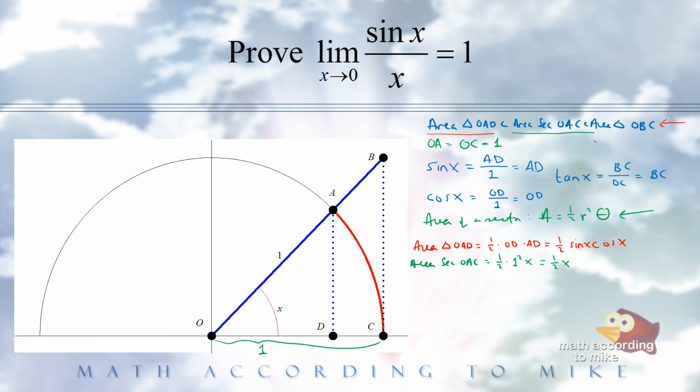And our last one, area of the triangle OBC. Since this is a triangle, it's 1/2 base times height. OBC has a base of OC and a height of BC. OC is 1. BC is tangent of x. So 1/2 tangent of x.